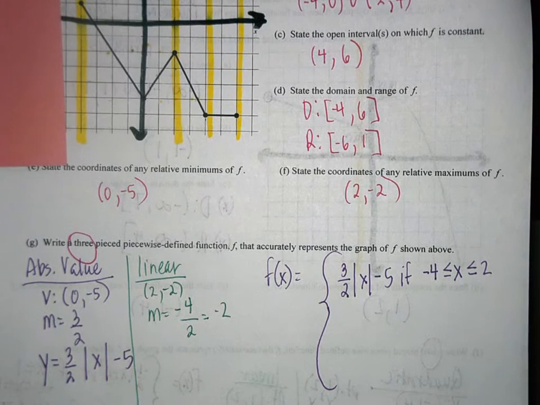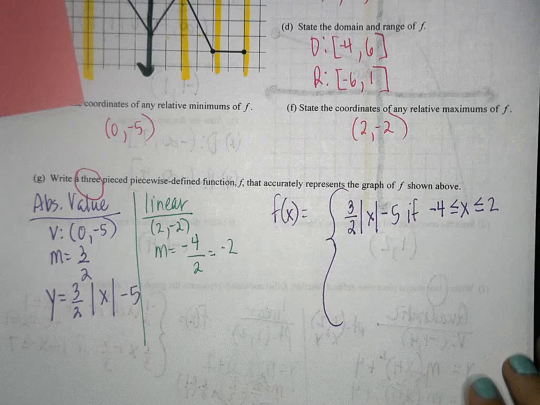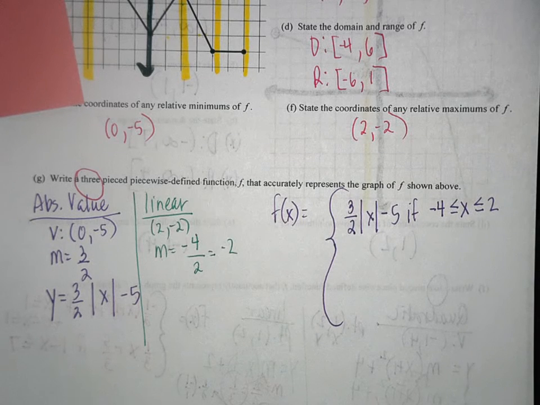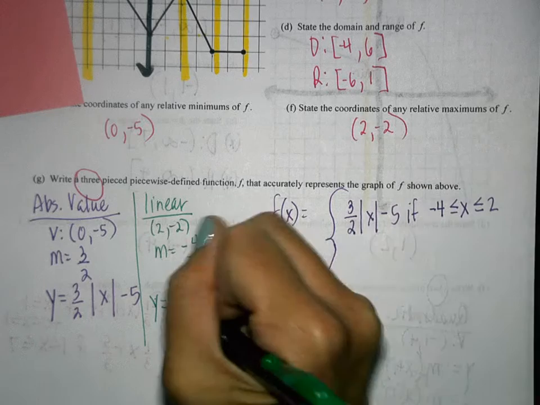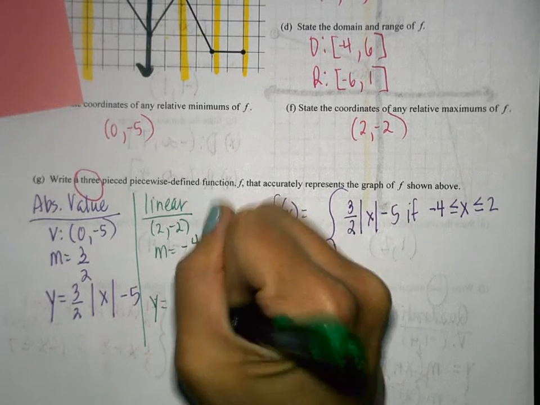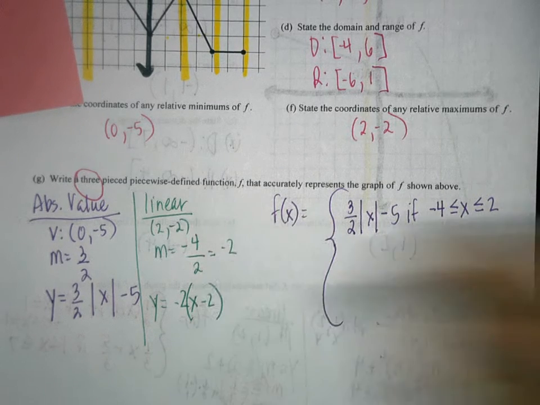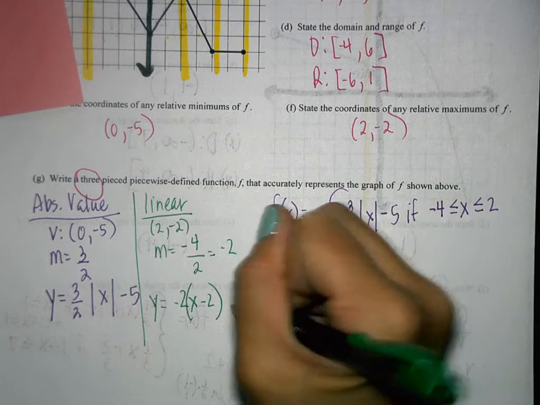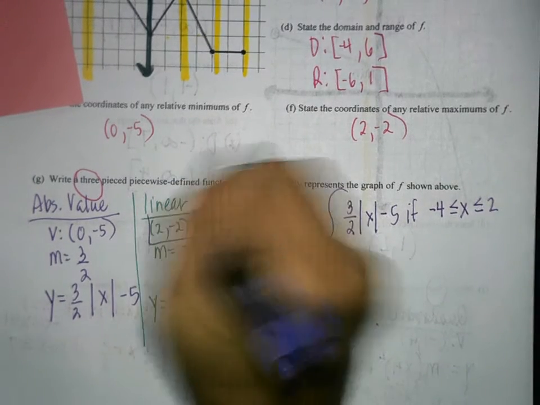No? Yes. Okay, so how will I write this? Y equals -2 times (x - 2) - 2, because we're using our point and our slope.